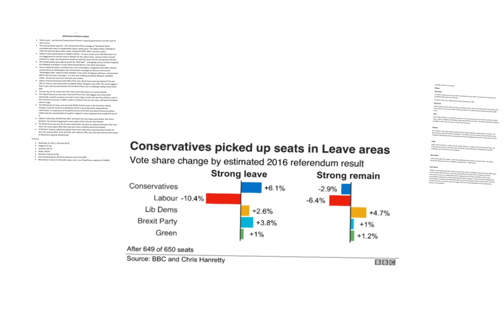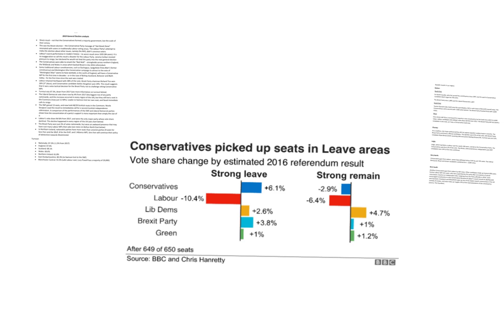Those strong Leave voters abandoned Labour. You can see that Labour's vote share fell over 10 percentage points with those people that called themselves strong Leave voters. And that idea of the Workington man, the Northerners living in traditional Labour seats, they make up a lot of that 10% drop for the Labour Party.